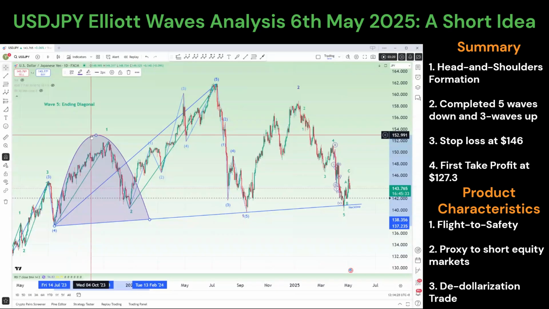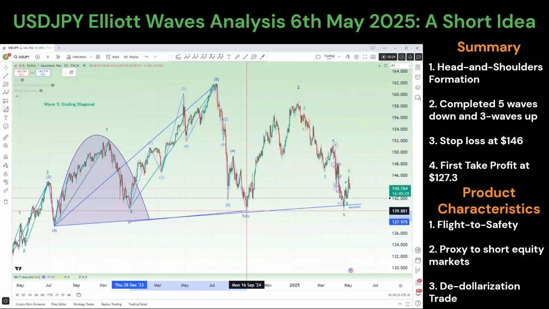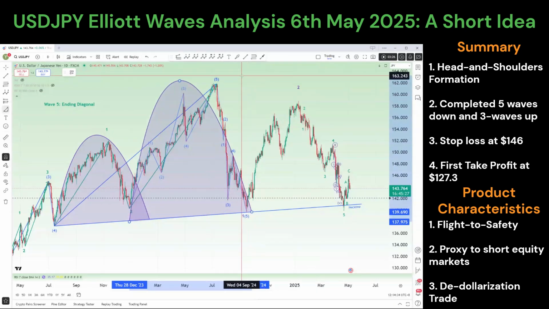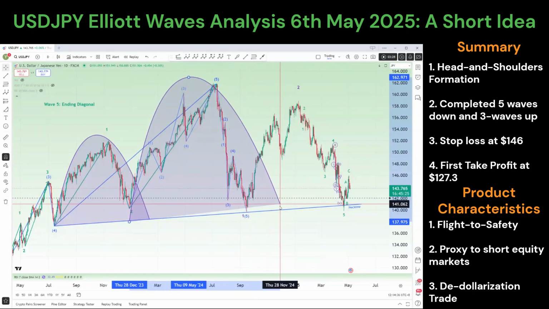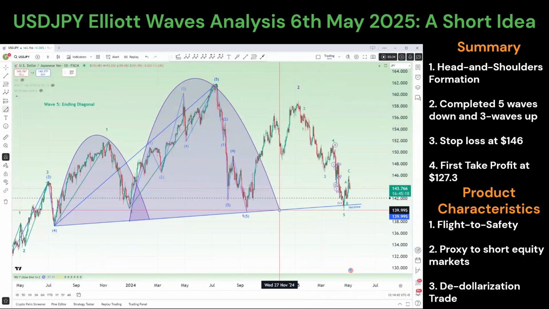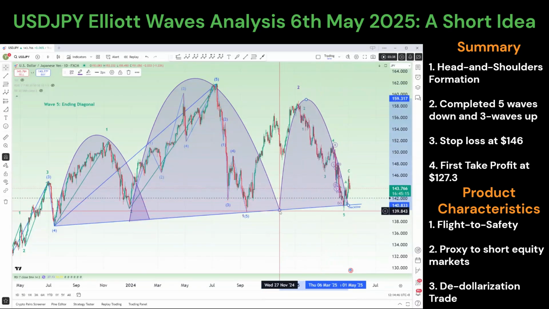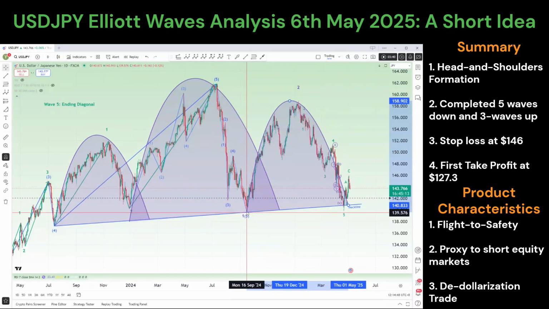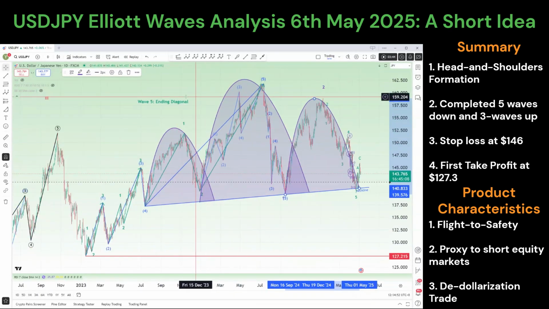So this is the left shoulder. And then we have another one over here. So this will be the head. And then the last one, which is this, will be the right shoulder. So now you see a big picture of head and shoulder.